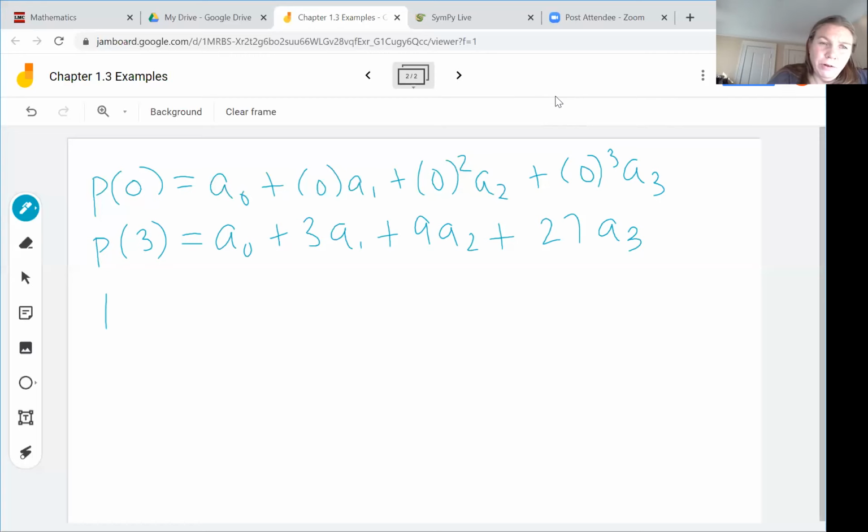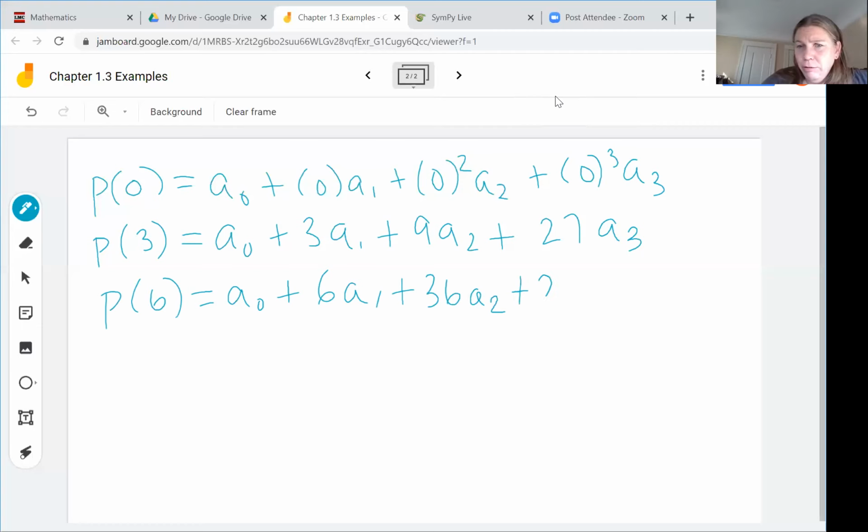Our next polynomial, P of 6, is a naught plus 6a1 plus 36a2 plus 216a3. And that 216 comes from 6 to the third power. You can double check that on your calculator or Google.